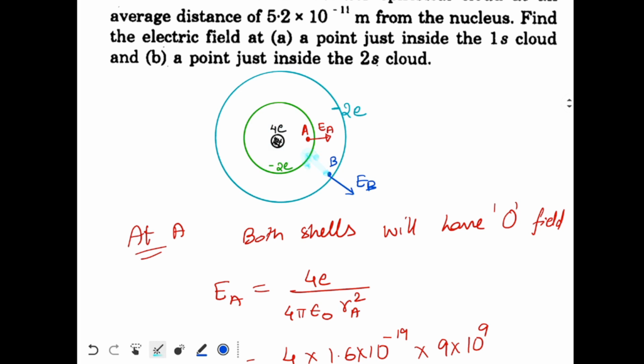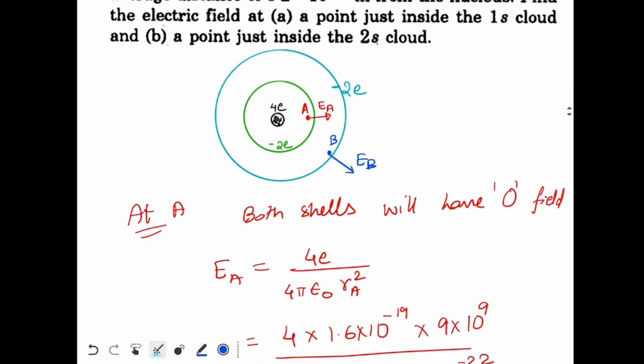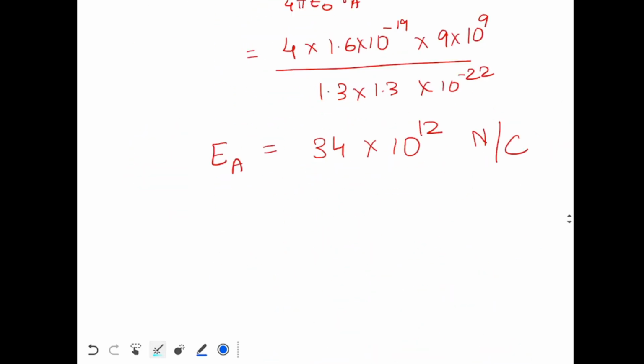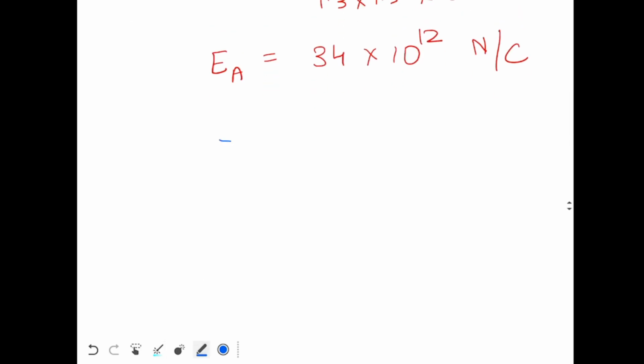Since this has magnitude 2e and that has magnitude 4e, the field due to the positive charge will be twice the field due to the negative charge. So we can simply write the net field due to 2e charge. 4e minus 2e gives plus 2e, so EB will be equal to 2e by 4 pi epsilon naught into RB square.